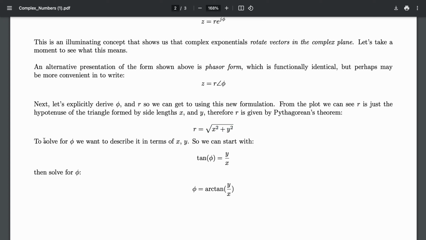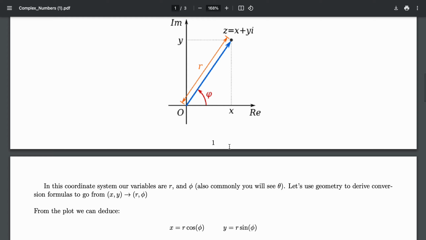And to solve for phi, this is a little bit trickier, but we can start with the idea that we want to relate phi with x and y in some way. With respect to phi, x is the adjacent side and y is the opposite side. So we can use the trig identity that involves the opposite and adjacent side, which is the tangent function.